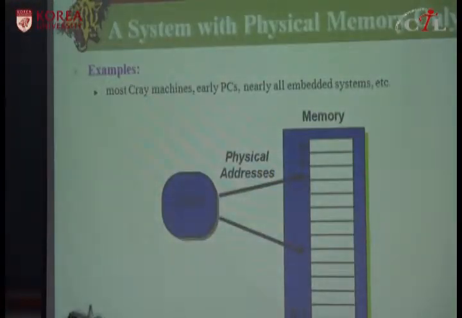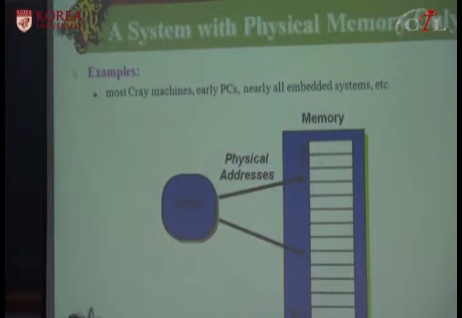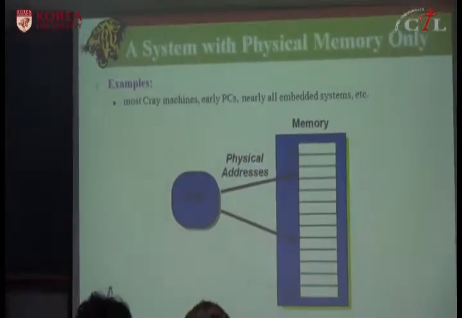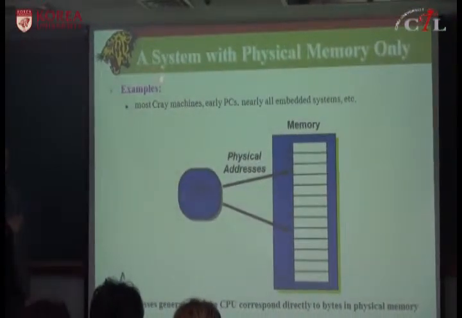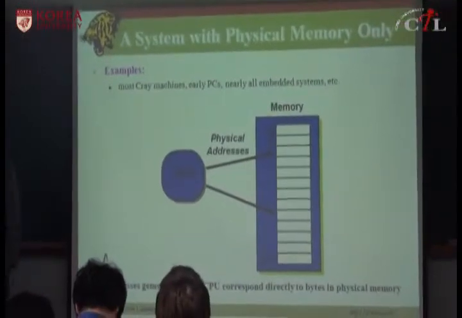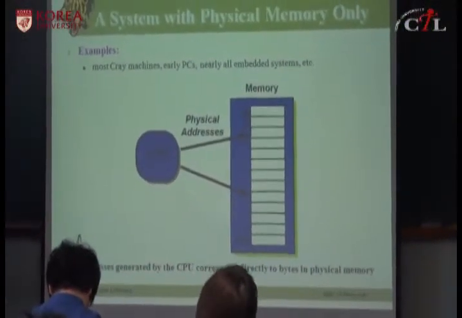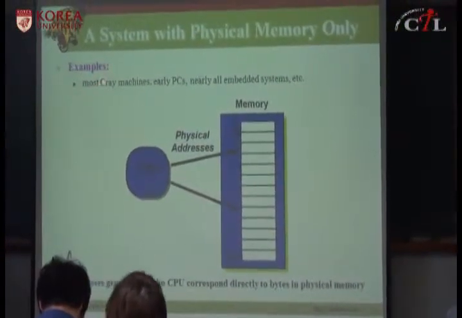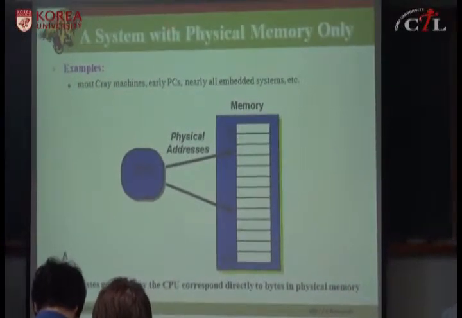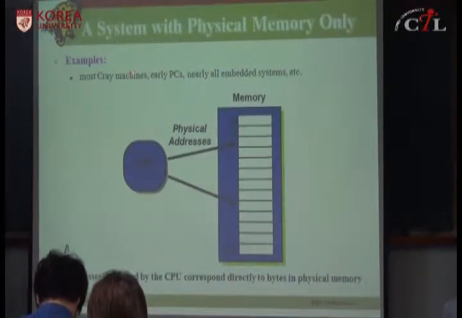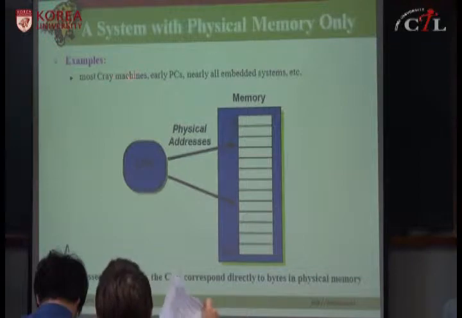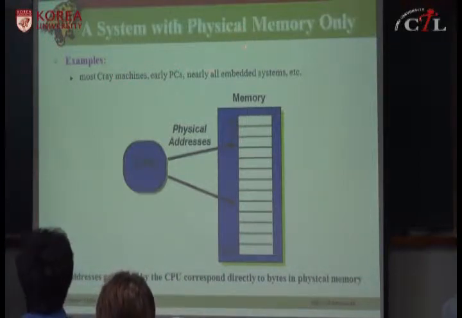Okay, let's go to virtual memory in a little more detail. Sometimes a computer system may not have virtual memory. They might have physical memory only. Early supercomputers didn't support virtual memory. Most of these Cray machines, old PCs, and some small embedded systems only support physical memory.